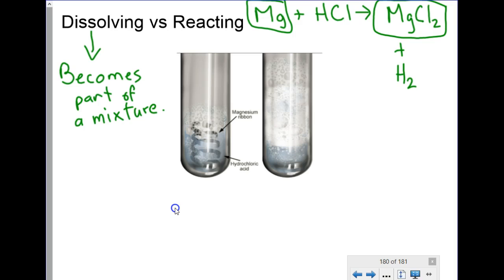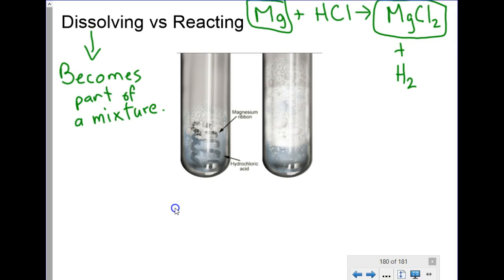That means that it's still there. If it's still there, how come we can't see it? Yes, way too small.